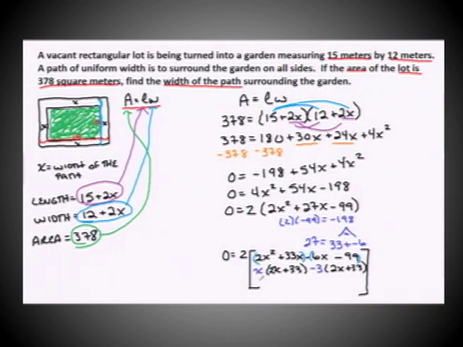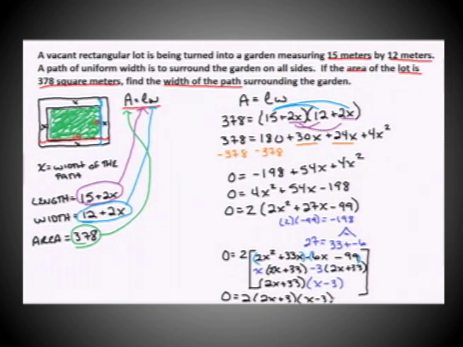My new GCF is a greatest common binomial factor of 2x plus 33. And when I divide that out of both terms, I'm left over with x minus 3. So the fully factored form here is 2 times 2x plus 33 times x minus 3.